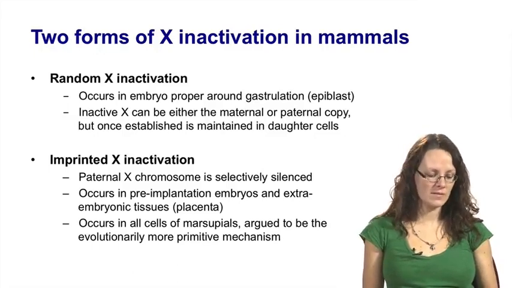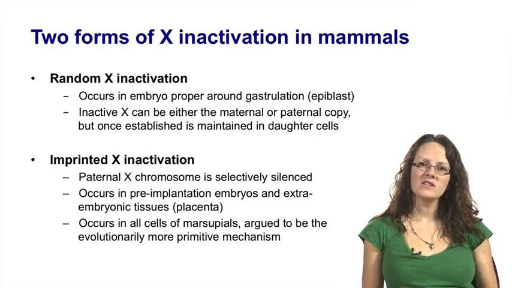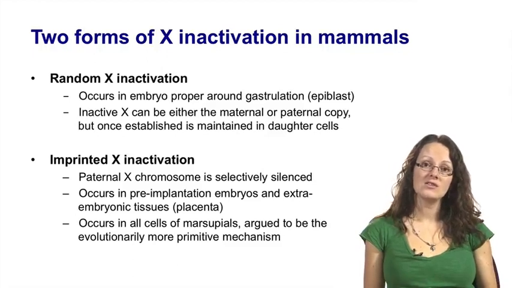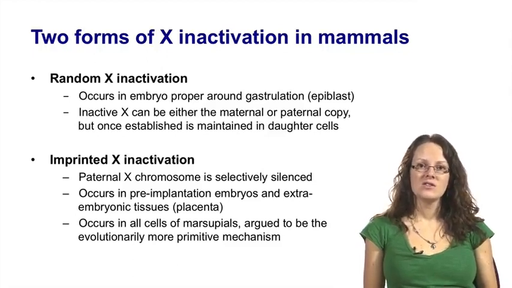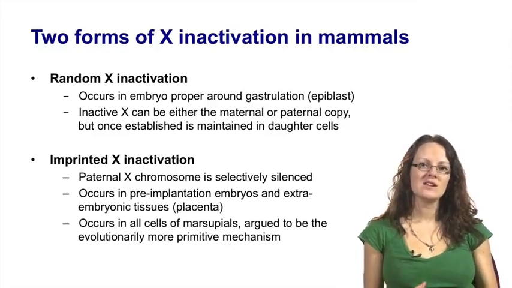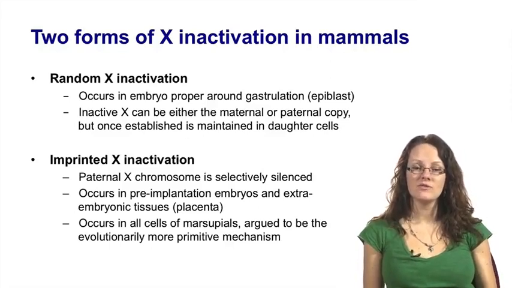It's interesting to note that while it doesn't seem to occur particularly frequently in human cells, in marsupials, it occurs in all tissues. So marsupials, you might know, are non-placental mammals that are indigenous to Australia and South America. And in these marsupials, imprinted X inactivation is occurring in all tissues, including in the adult marsupial females.